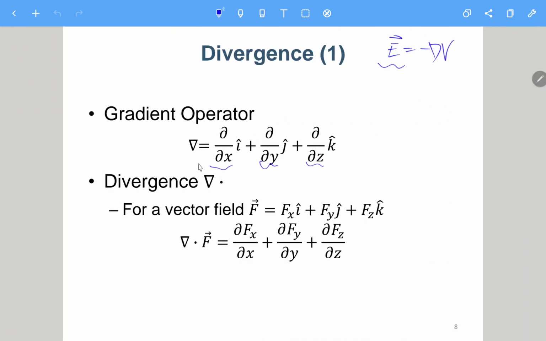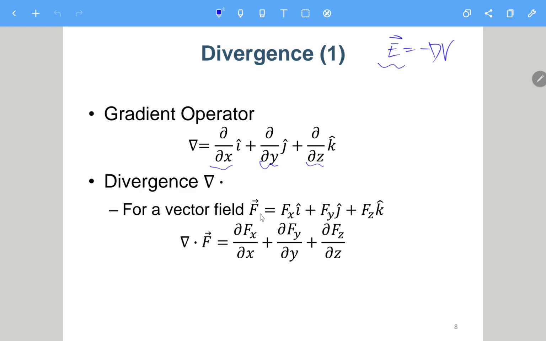Okay, so here you can see this is the gradient operator, and if you would like to take the divergence of a vector field, here we just write it as f. It can be either E field, B field, or another vector field, so generally I just write it as f vector field.